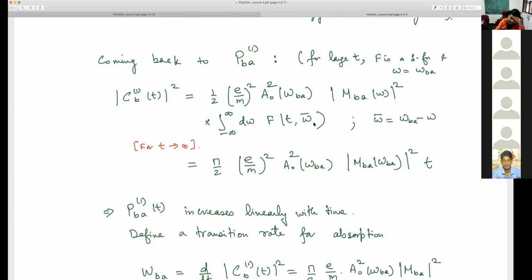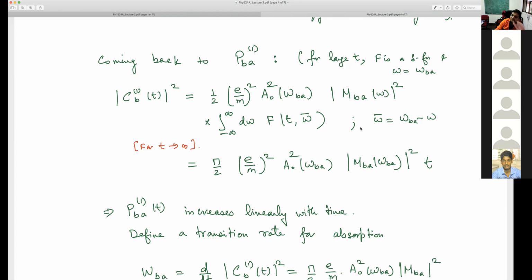Okay, and if I do this integral now, we just showed that the height of the delta function was proportional to t square by t, and the width was proportional to 2 pi by t, etc. If I use that relation, that f was pi t times the delta function, then I can immediately write that for large times, |C_B1(t)| squared is pi by 2.